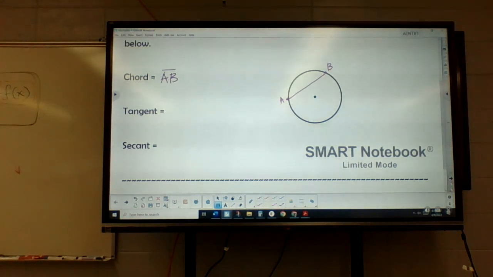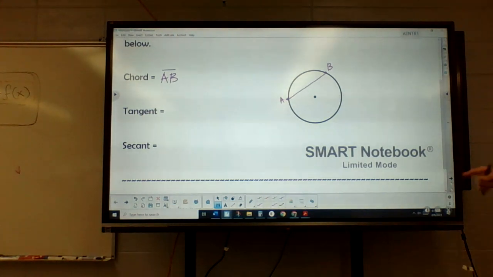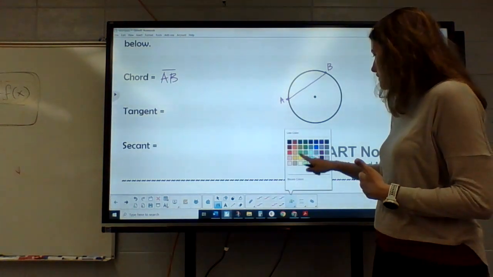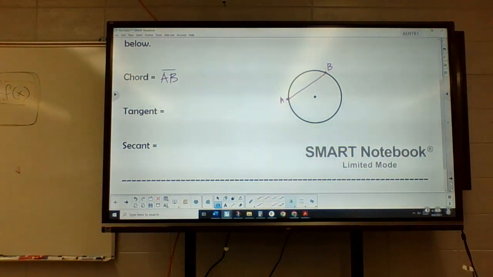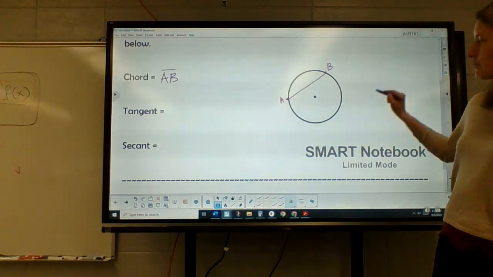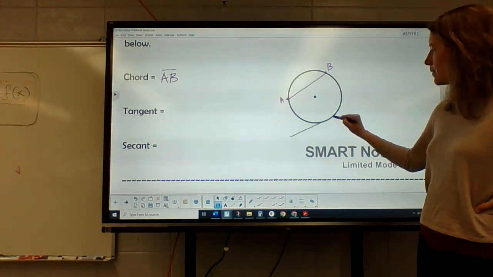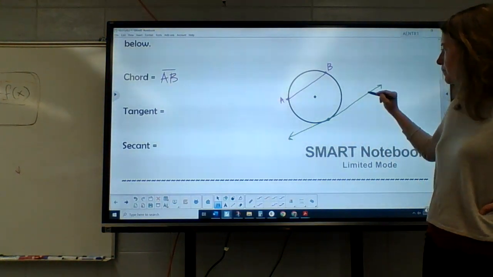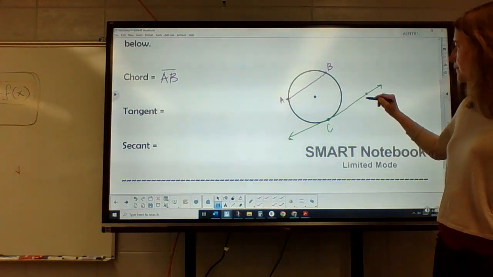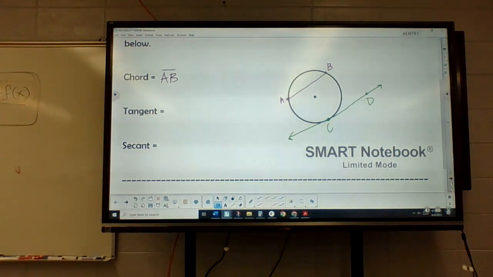A tangent line is usually outside the circle, but it touches the circle in just one spot. It's been a while since we talked about this, so this is a good review going into today. So a tangent line is outside the shape and it hits the side of the circle just one time.